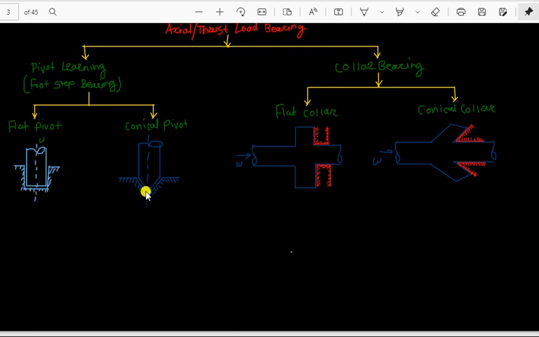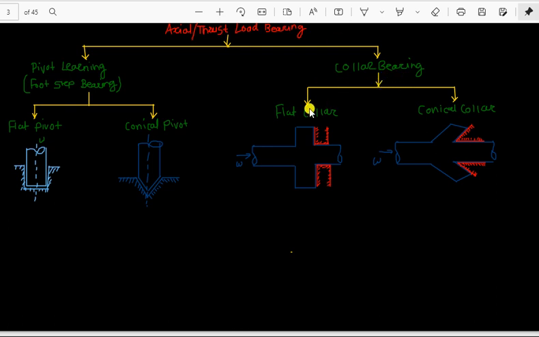To reduce that, another type is the conical pivot bearing. It is also a type of axial bearing. Just to reduce this contact surface, the lower part of the bearing is machined like a cone, and it will look like this, so that it can easily rotate around the longitudinal axis.